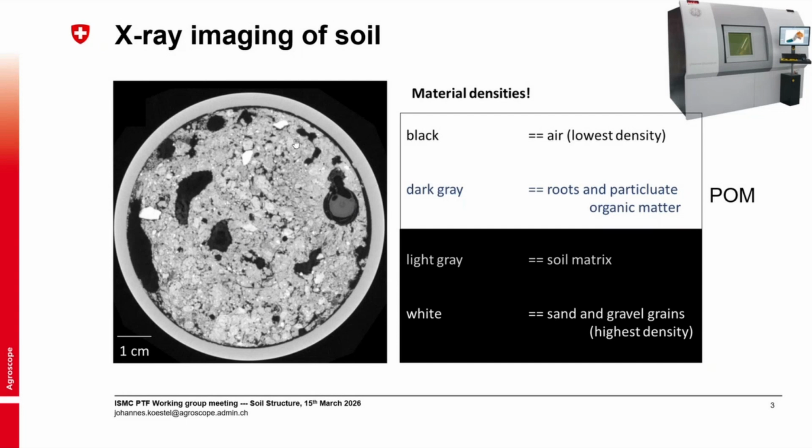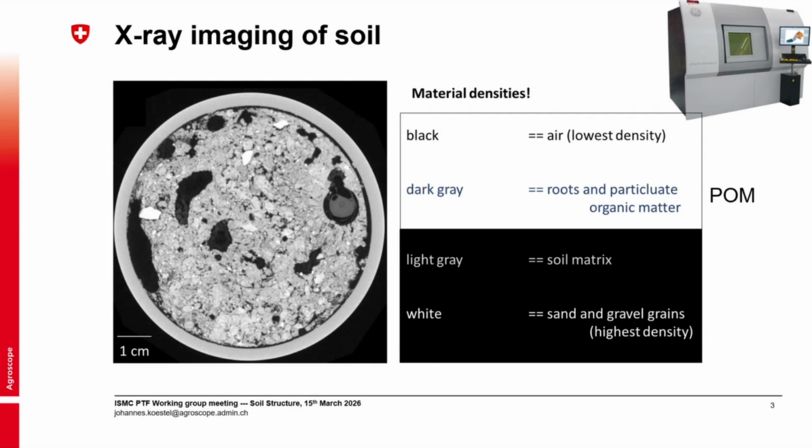So these images always were taken at matrix potentials where all visible pores would be air-filled. So you hopefully don't see that. Okay, and the light gray, that corresponds to the soil matrix. This is basically regions where you cannot resolve either particulate organic matter or minerals or air-filled or water-filled pores, but you have a mix of all of them, and that's why they show up in this kind of rather light grayish grayscale value.